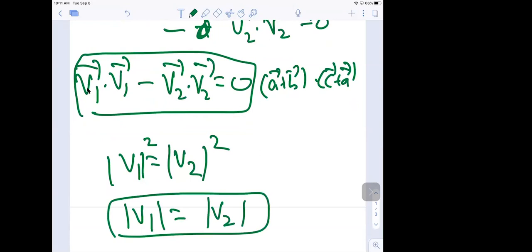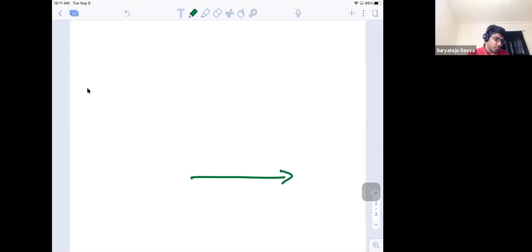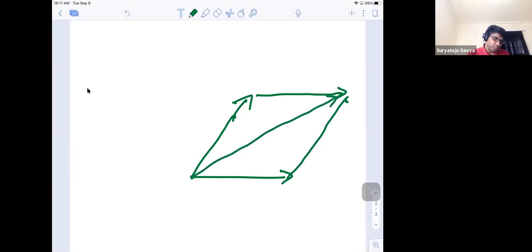Okay, thank you. So if you have two vectors whose length is the same, and you take the sum of those vectors, you get something like this.